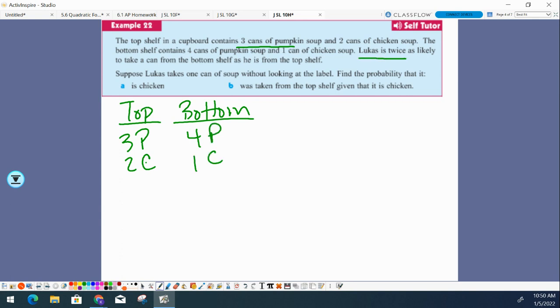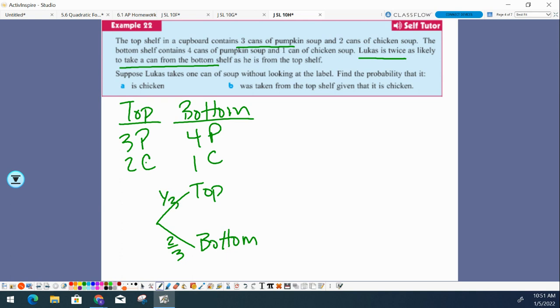Lucas is twice as likely to take a can from the bottom as he is from the top. So that's getting into the probability of choosing the top versus the bottom, because that's our first thing we've got to figure out. If he's twice as likely to take from the bottom shelf, that means our bottom has a 2/3 probability versus the 1/3 for the top.